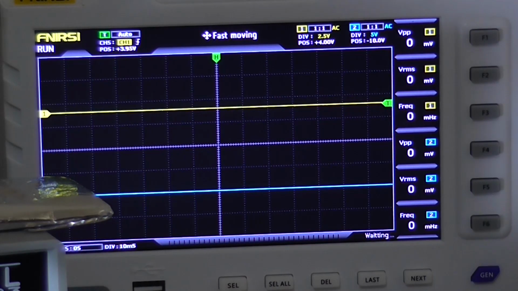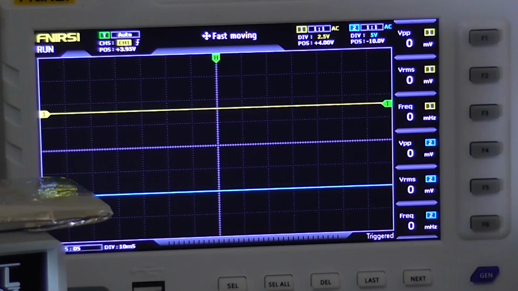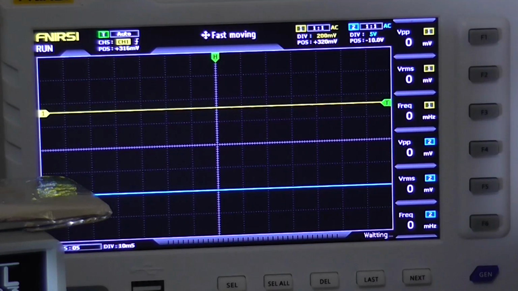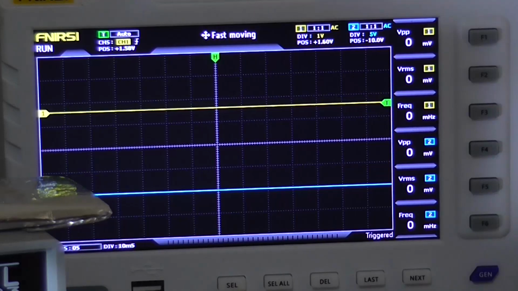Alright, let's measure what's going on at the collector, which is pin 2 of the IC, which just triggered the circuit, by the way, as soon as I connected the probe to it. But there's no signal there, nothing. We should be seeing some form of negative dip, but we're not.